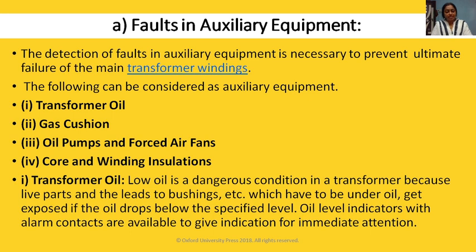Low oil is a dangerous condition in the transformer because live parts and leads to bushing etc. which have to be under oil get exposed if the oil drops below the specified level.